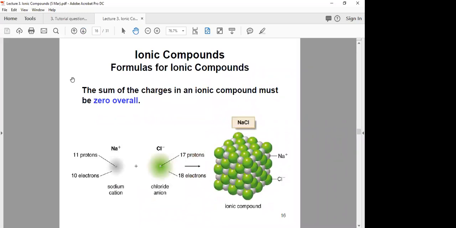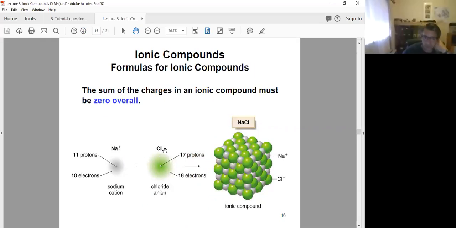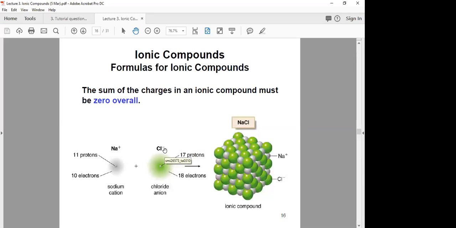All right, now let's look at formulas for ionic compounds, how to determine or how to write the formula. And we've already seen this example here with the compound sodium chloride. Let's have another look at this. Here's sodium, the sodium cation with a single positive charge, chloride with a single negative charge.